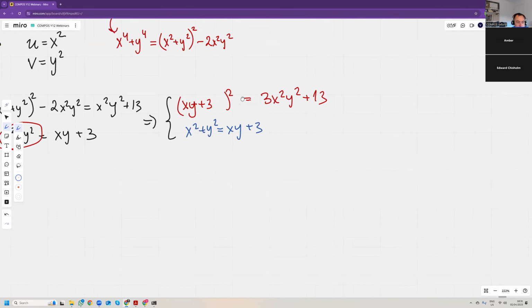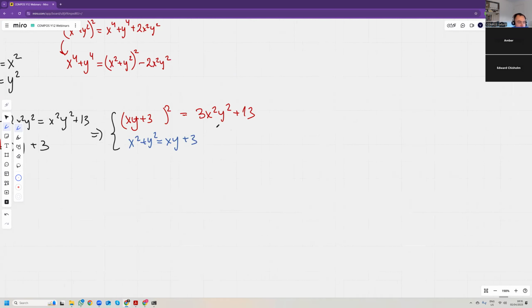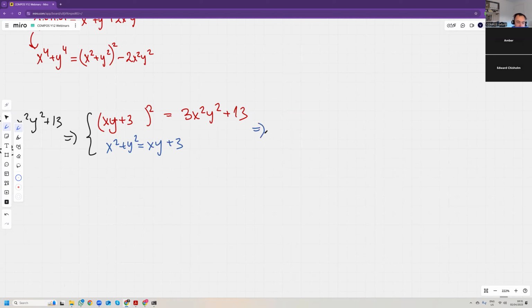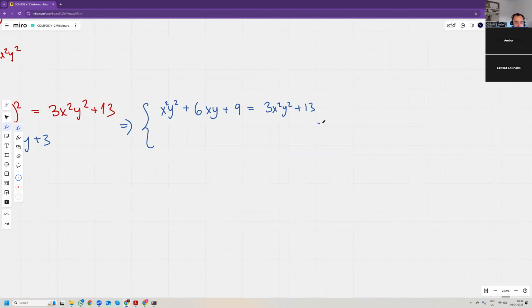And now the top one we can attempt to solve because we only have one unknown. The unknown is xy. So x squared y squared plus 6xy plus 9 equals 3x squared y squared plus 13. The second equation, it's just a copy. We can express 2x squared y squared minus 6xy plus 4 equals 0.